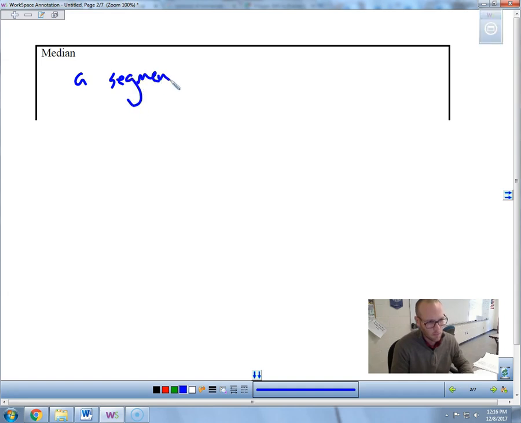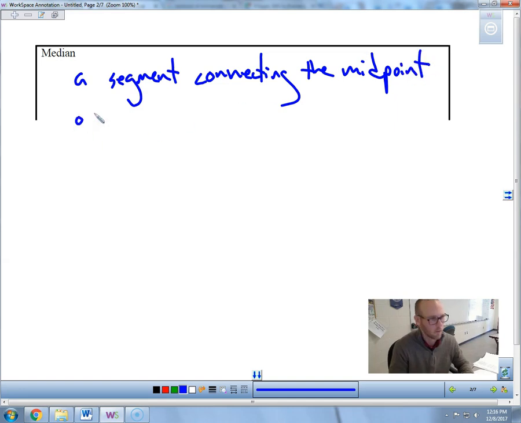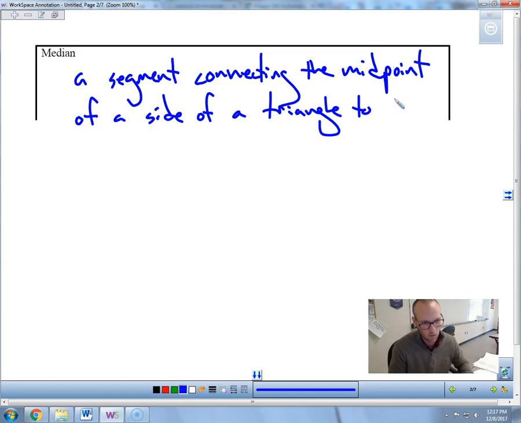A segment connecting the midpoint of a side of a triangle to the opposite vertex.